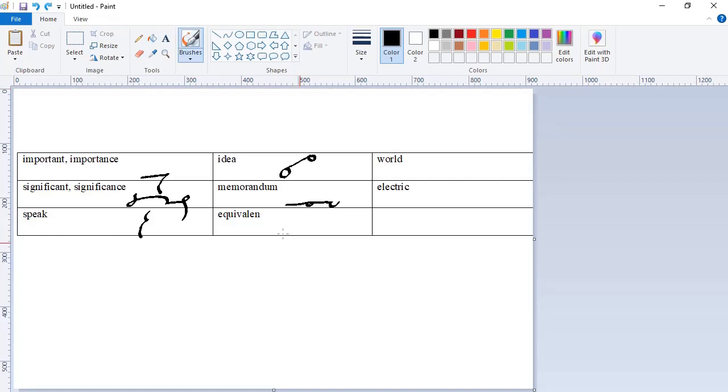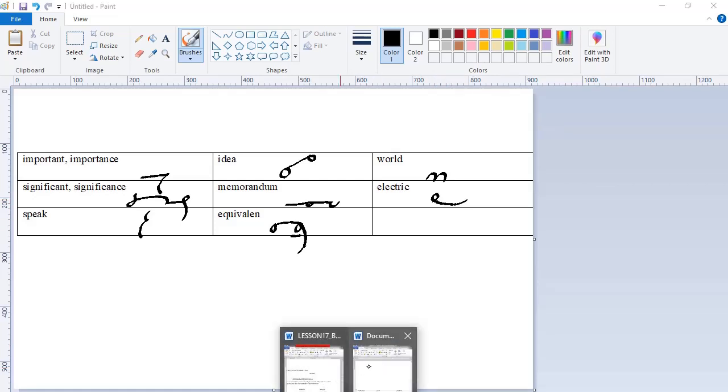Okay, so we have E, K, E, V for equivalent, and then yung ating dash for W. Next, world. World is represented by W and O. World. Next, electric is represented by E, L. Electric.